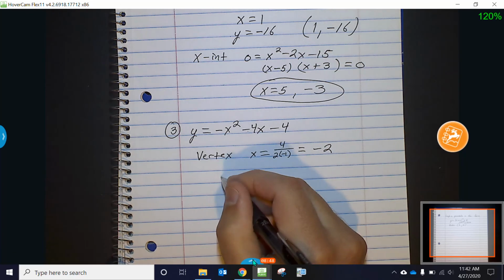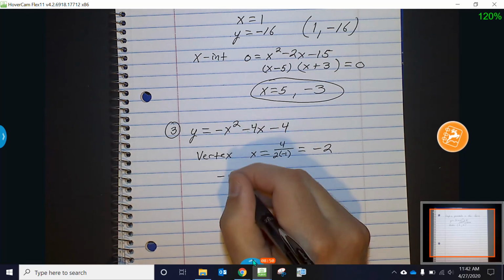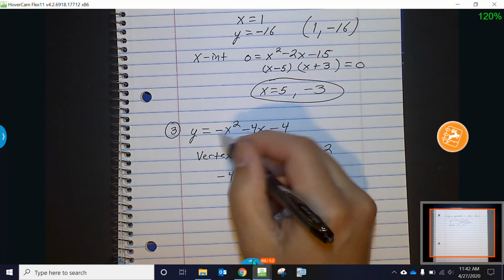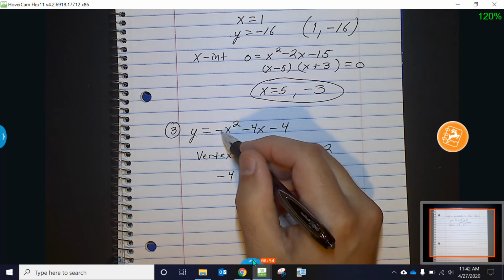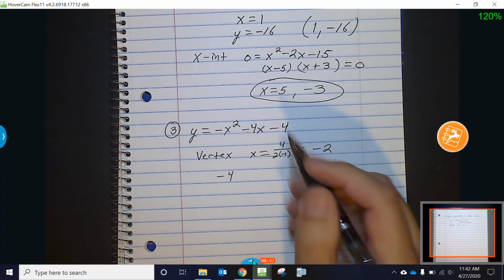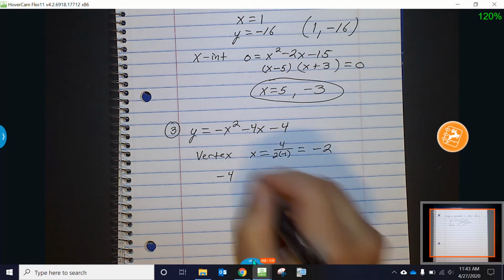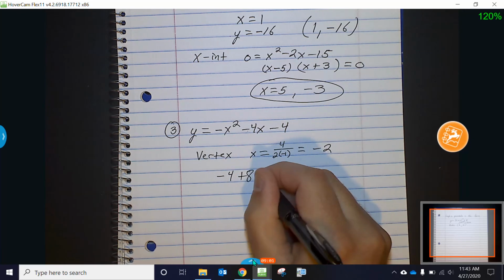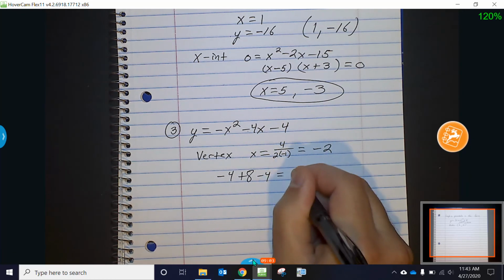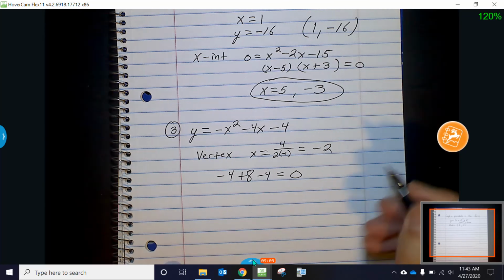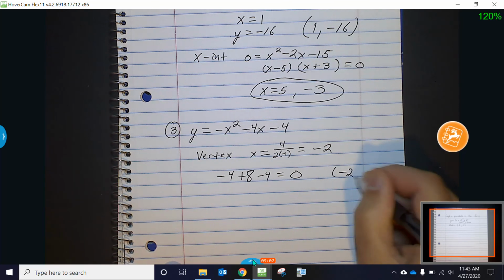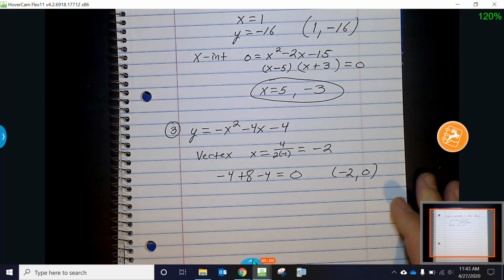Then if we plug that in, we get -2 squared is 4. So then it gets a -4. Remember, this negative applies after. -4 times -2 is +8, and then a -4, and here we get 0. So our vertex is -2, 0.